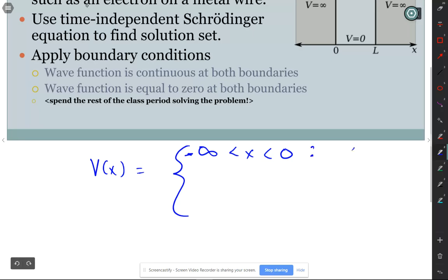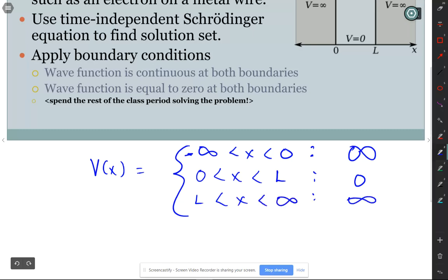In that case, the potential energy is infinite. So there's my potential energy function. I have 3 pieces. This is what you had for problems 2 through 5 on the test. 2 through 6, I guess, is the bonus one.